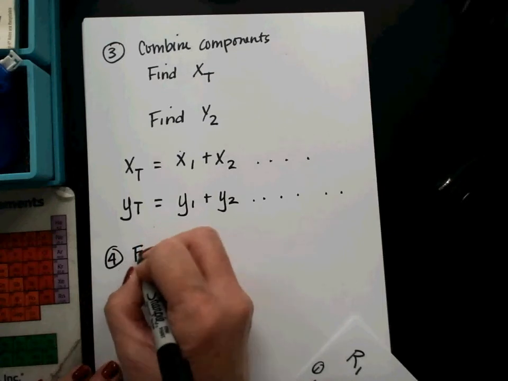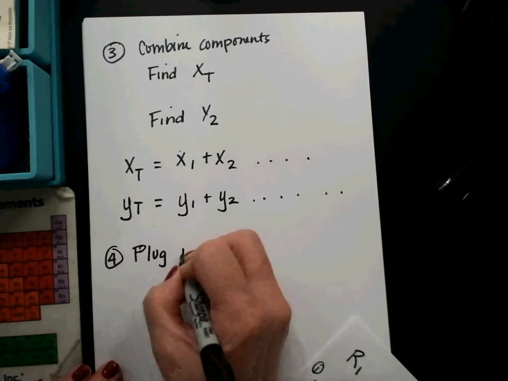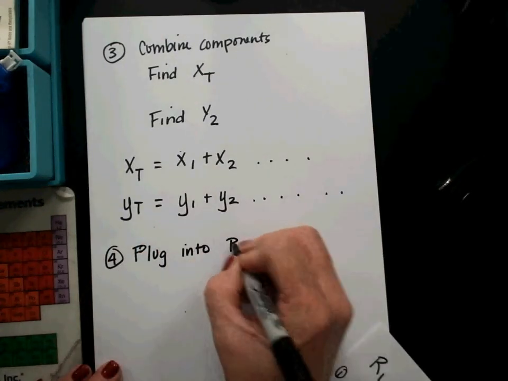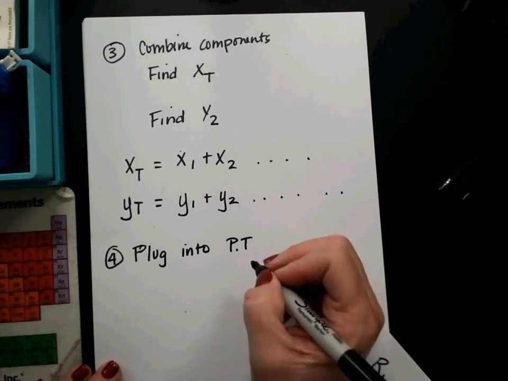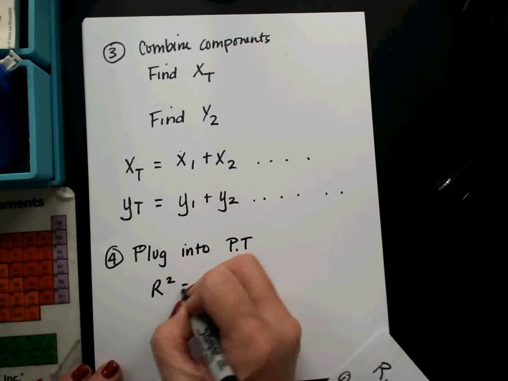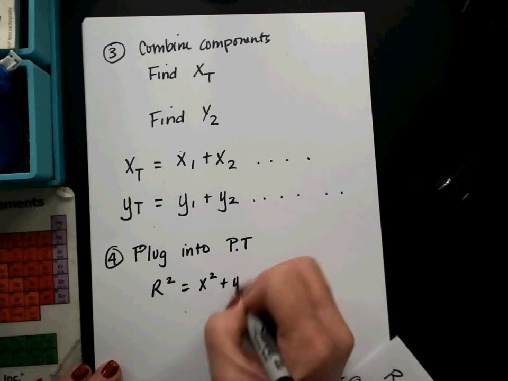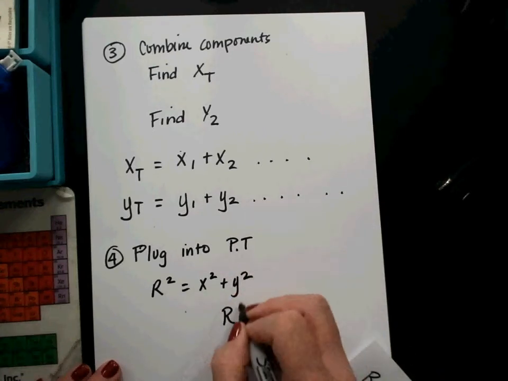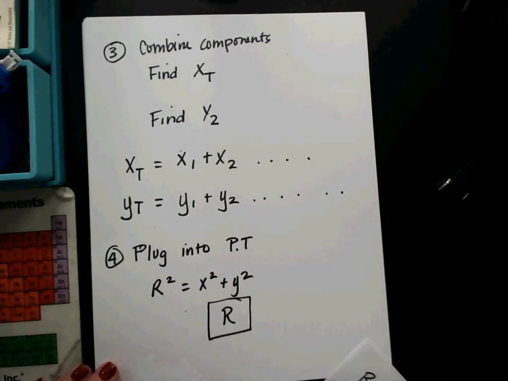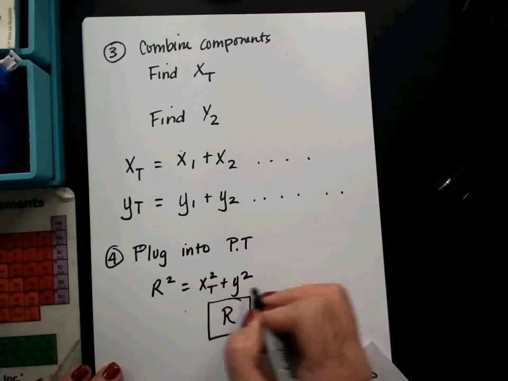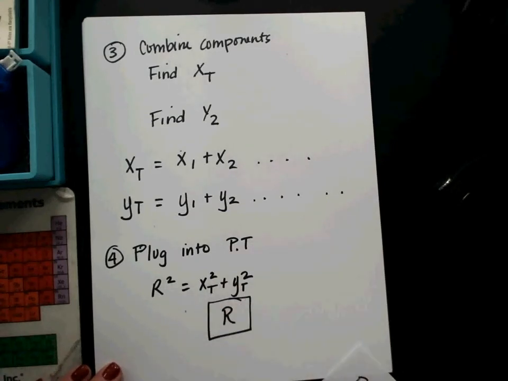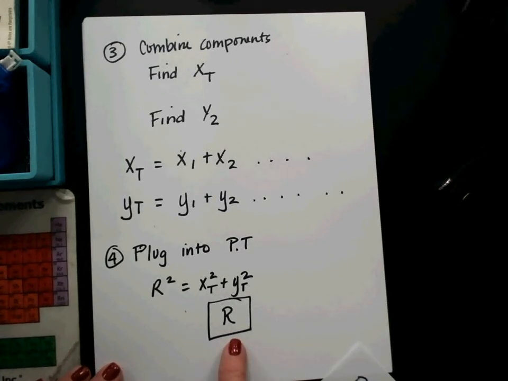The fourth thing I'm going to do is I'm going to plug into my Pythagorean theorem, r squared equals x squared plus y squared, and eventually solve for my r. So this is really like x total squared, y total squared. And this r will give me the actual displacement for the whole journey.